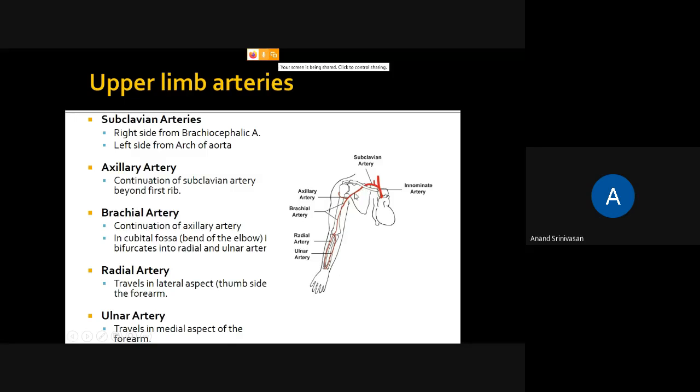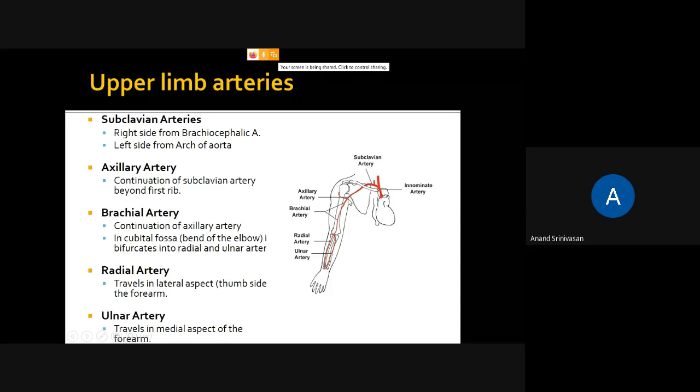From there, it enters this part just below the shoulder joint on the inner aspect, which is called the axilla. The axilla is the part between the upper limb and the thorax, the inner part.